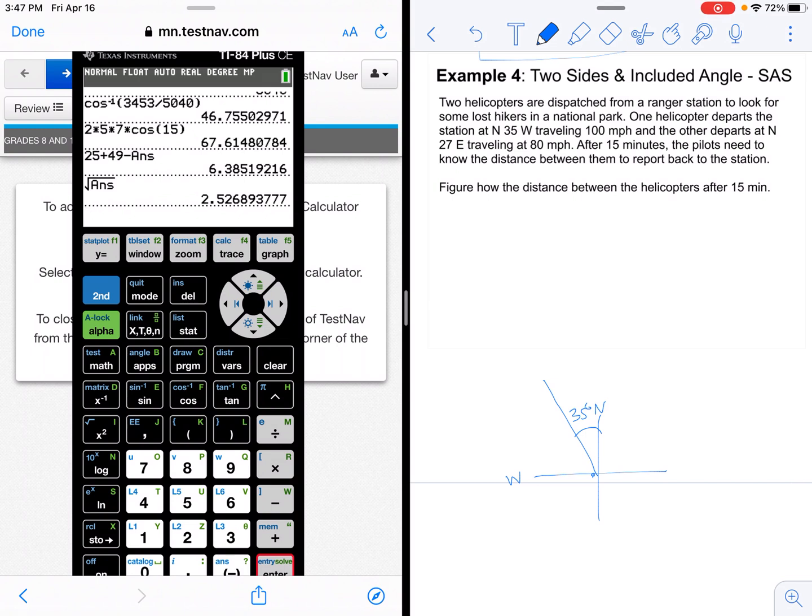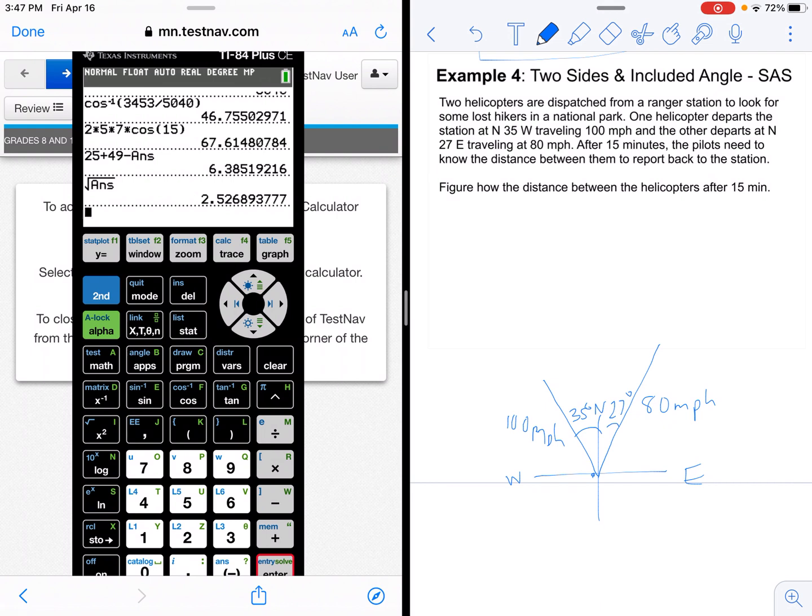The other departs at north 27 degrees, so here's east. Traveling at 80 miles per hour. This one's 100 miles per hour.